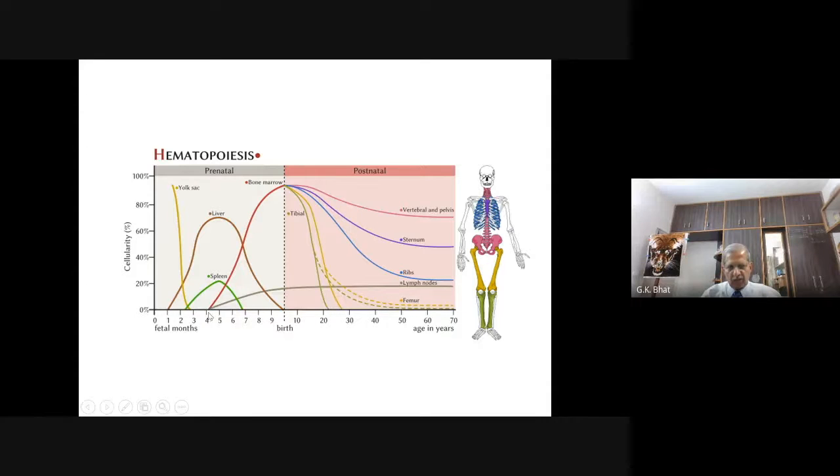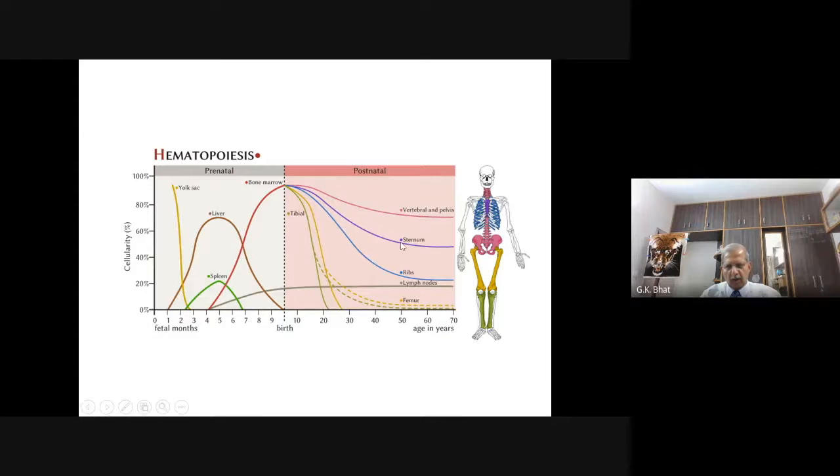Once it starts in the 4th month, the production continues throughout the life of an individual in both the lymph nodes and the bone marrow of bones like the vertebra, pelvis, sternum, ribs, and also the tibia and the femur bones. So, after birth, blood cell formation is more inside the bone marrow. Next to that is inside the lymph nodes.